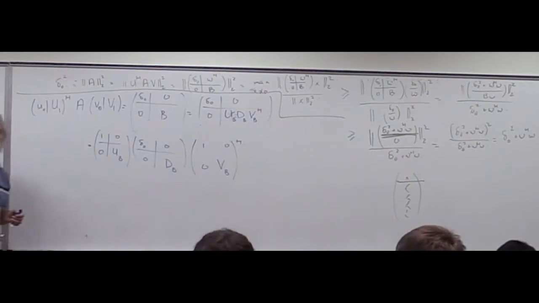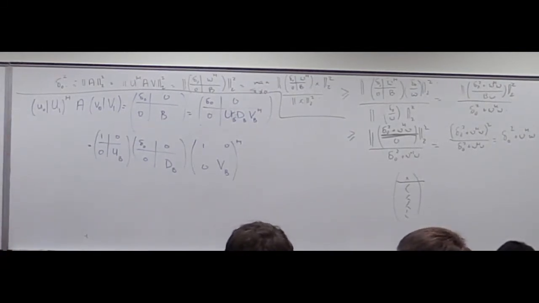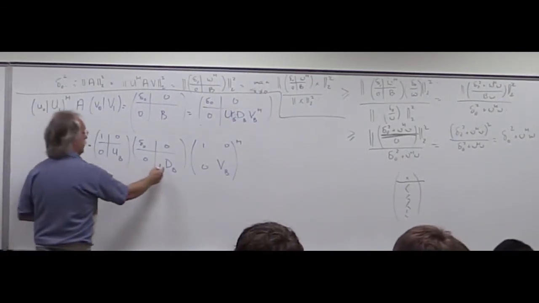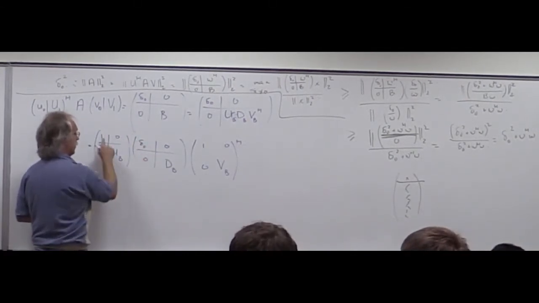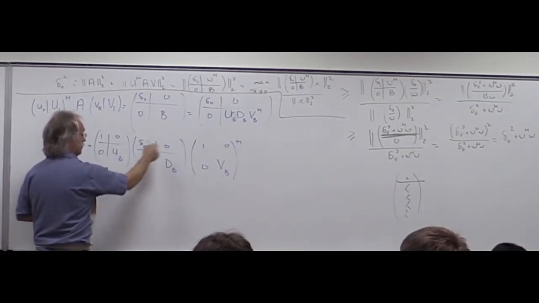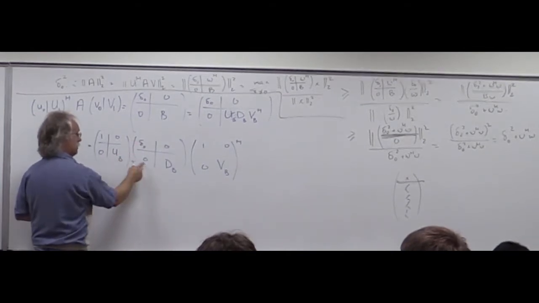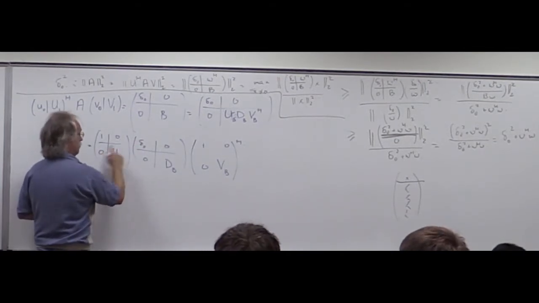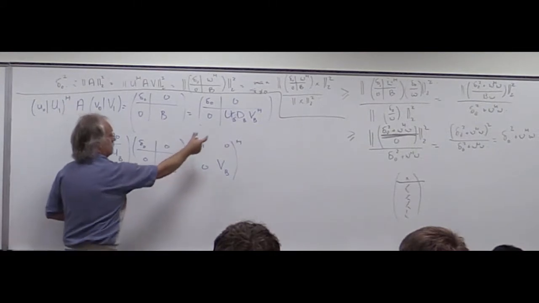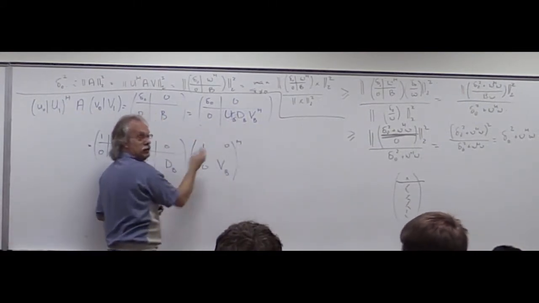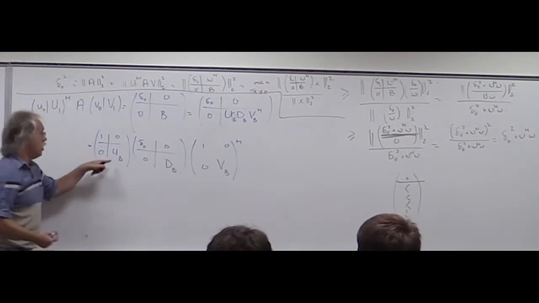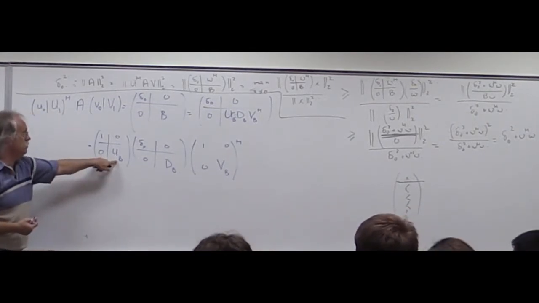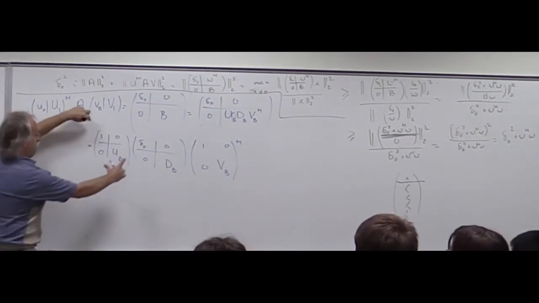That's a matter of recognizing that when you do this block matrix multiply, the first element is this times that plus this times that. The second element is this times that plus this times that, which is just 0. This times that plus this times that is this first part here. And then you multiply from the right, and you get the same thing. And it's not hard to check that if this is unitary, then this matrix is unitary.